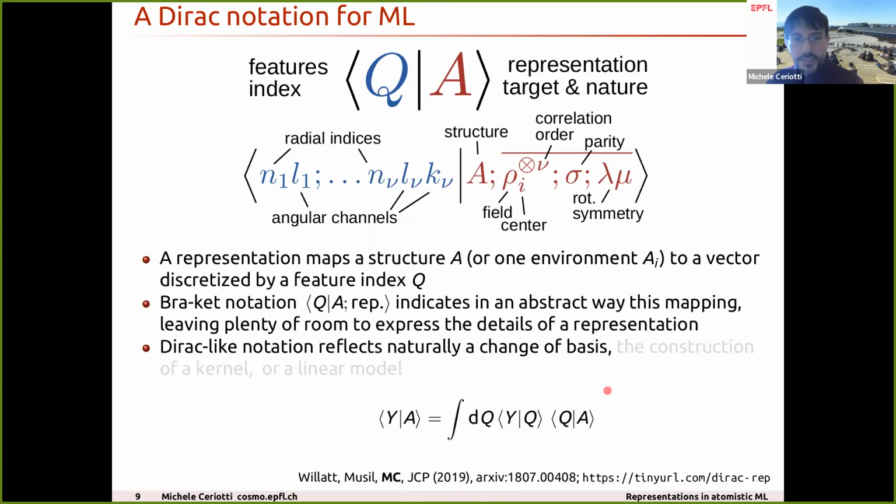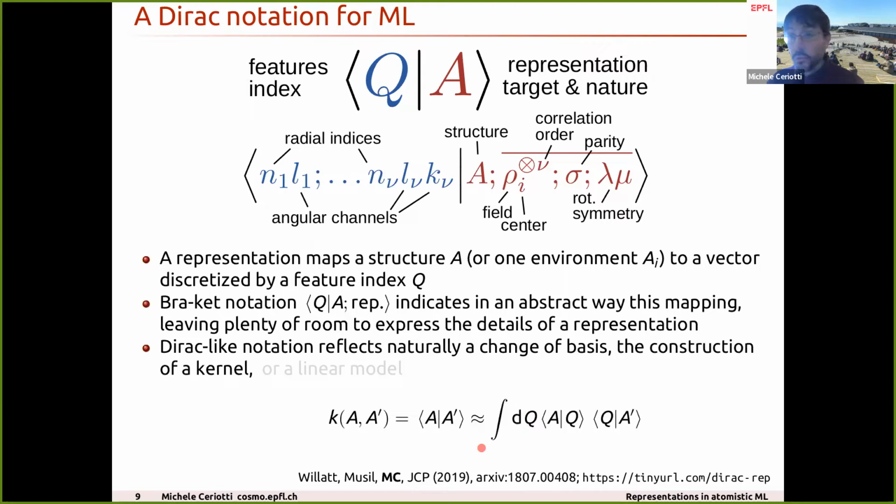So the same object, here I'm describing the molecule A, I might be describing it on a certain basis, and here the indices are enumerated by a label Q. And then I might choose to instead describe it on a different basis, and the change of basis is basically the scalar product of this vector with a vector that contains the coefficients. Well, actually, this is a matrix that describes the change of basis.